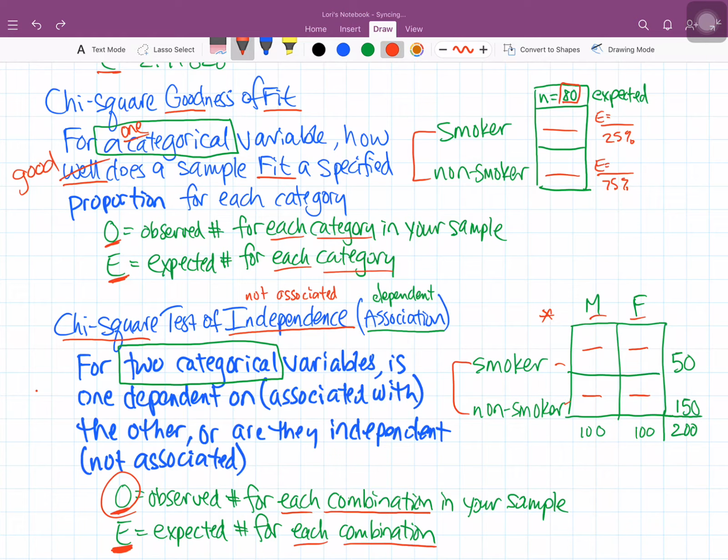The one thing that I did want to show you is for both of these chi-square tests, I'm going to see if I can squeeze it in here in the middle. There's a distribution that is actually a family of distributions. Just like we had a family of the t-distributions, it depended on the degrees of freedom that we had. This is exactly the same, and I will talk about degrees of freedom in the next video. But in general, that chi-square distribution for a reasonable sample size looks something like this.